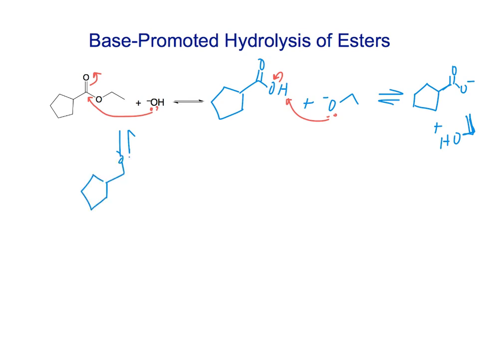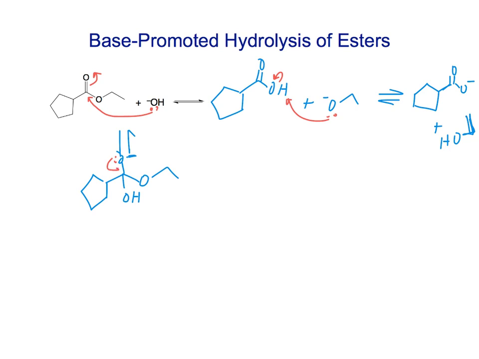Okay, so we go to a tetrahedral intermediate, OH, like this. And because we're in basic conditions, and hydroxide is in there, then ethoxide is just as good of a leaving group as hydroxide is. All right, so we can show this reaction.